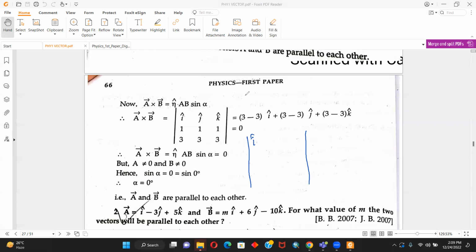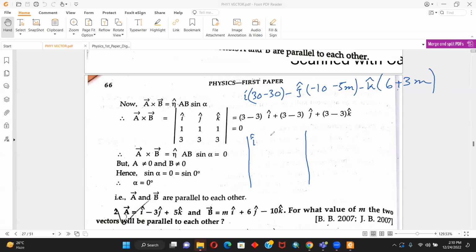Then minus j cap, minus 10 minus 5m. Next, minus k cap plus open bracket 6 minus 6 plus 3m. I cap is 30 minus 30. Is that correct?